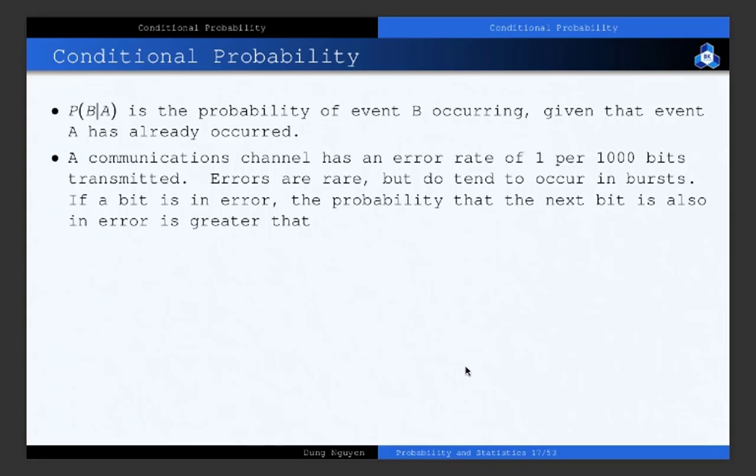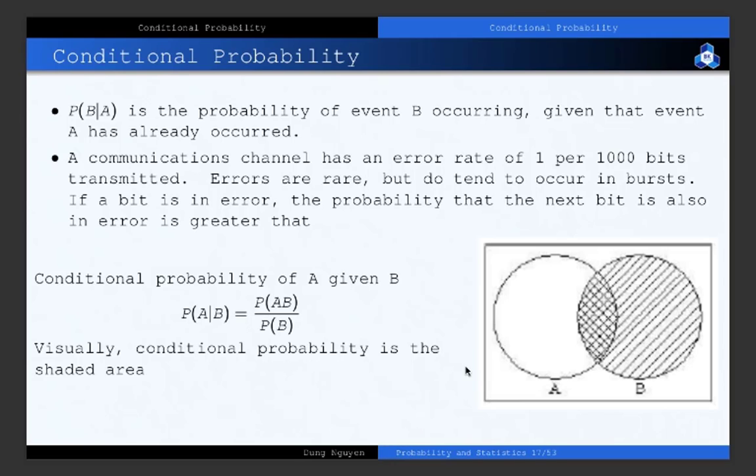So if I have no idea about that person, then the probability of A, or the probability that the student passes the course, is 70%. But if I know the fact that the GPA of that student is high, then the probability that that student will pass the course is obviously greater than 70%.